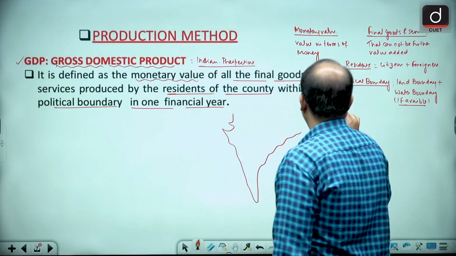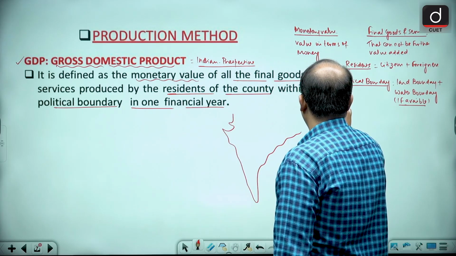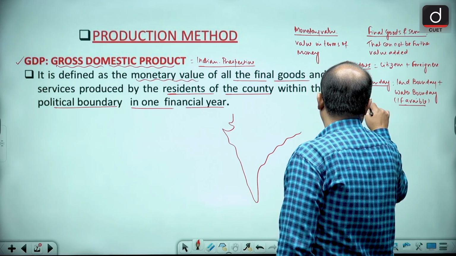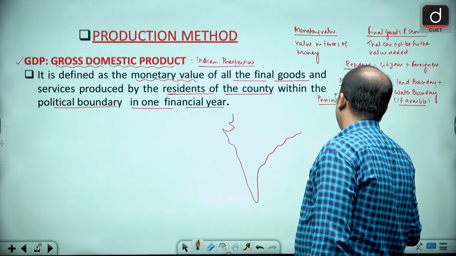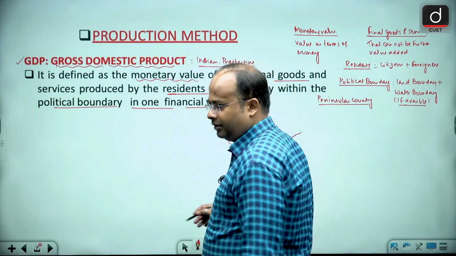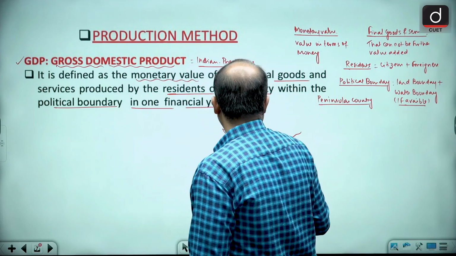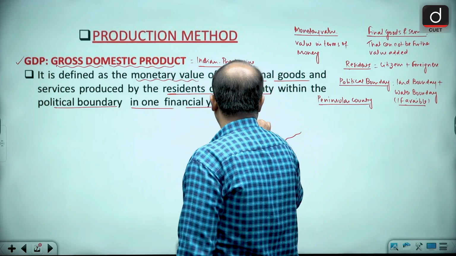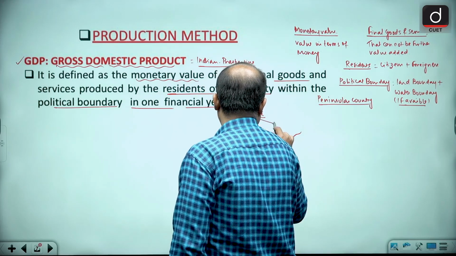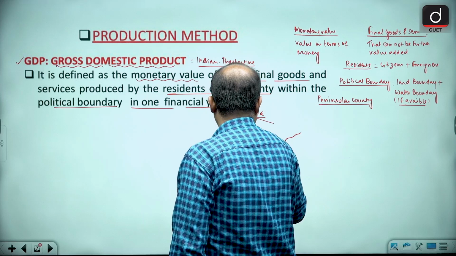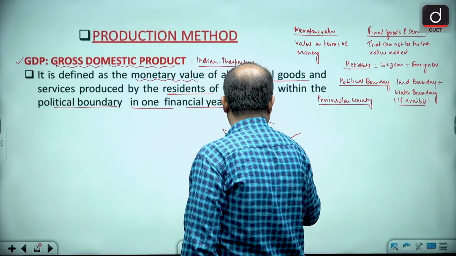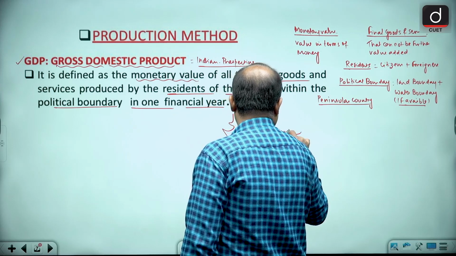India, you know, is a peninsular country, surrounded by water on three sides. Here we have the Arabian Sea, there we have the Bay of Bengal, and below we have the Indian Ocean. In India, first of all, citizens, that is Indians, are living, plus foreigners are living.